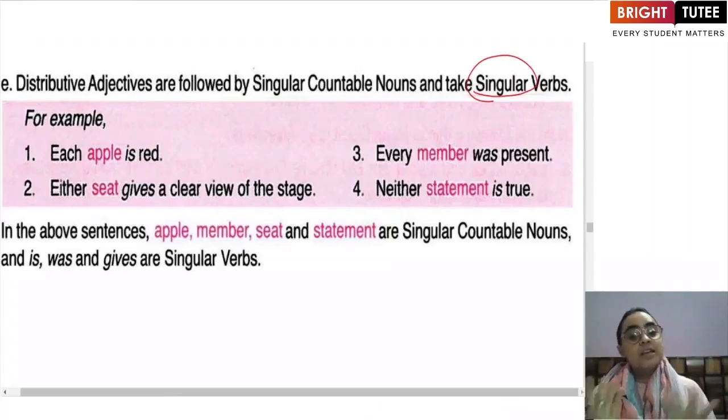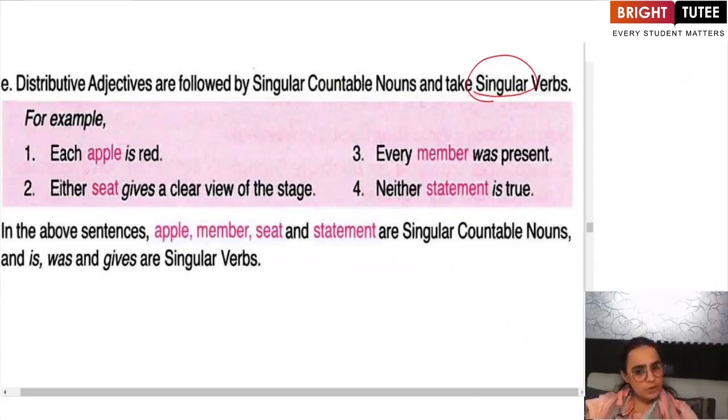Each country is unique. Either girl is going for the movie. Neither boy is sitting quietly. So you see, with all these distributive adjectives, we use a singular verb after it.